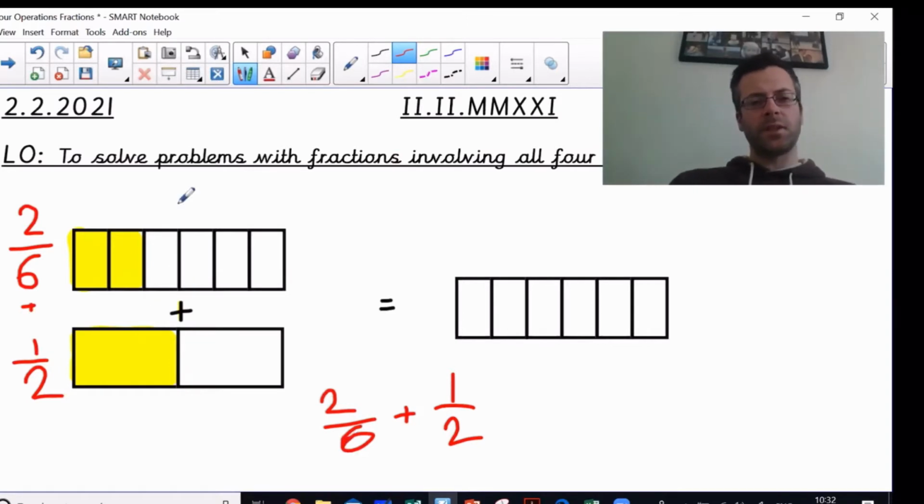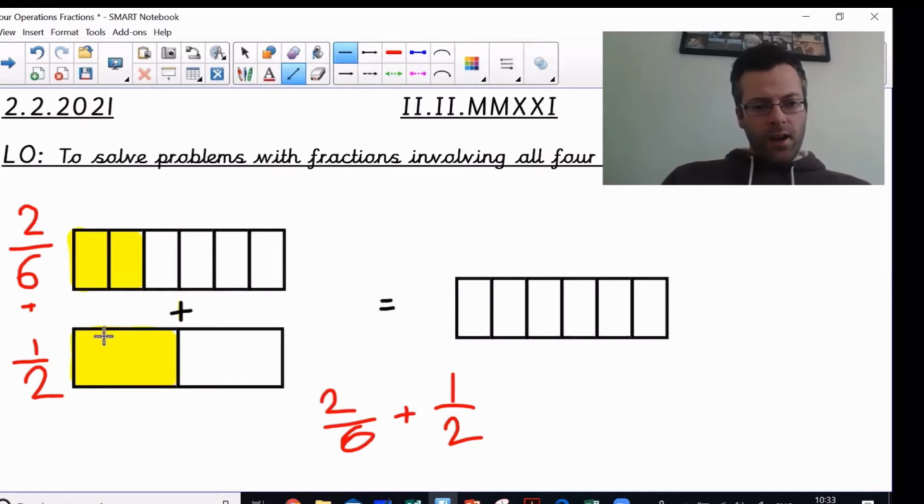Now, hopefully you can see with this diagram that actually this half can be split into sixths, okay?